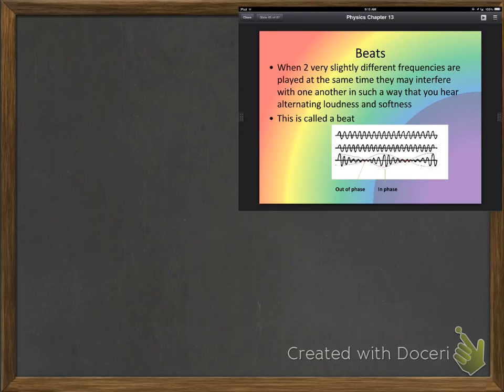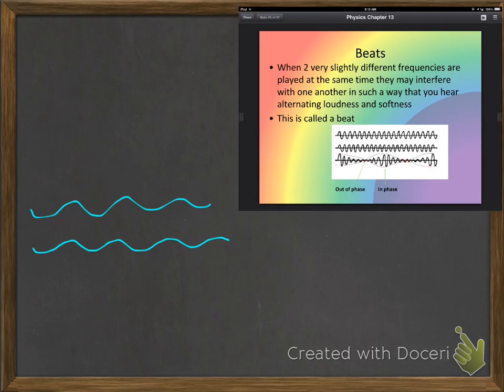This is one of the last concepts we're going to talk about. This is beat waves. This is what happens if you are harmonizing with someone and your tones are just a little bit off. You will hear this wah, wah, wah, wah in your tone. What is happening is, we take this wave, we take this wave.